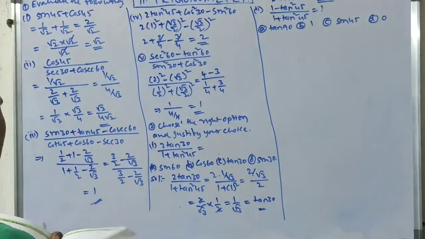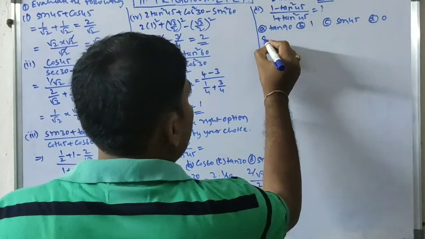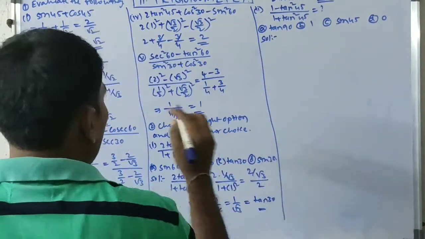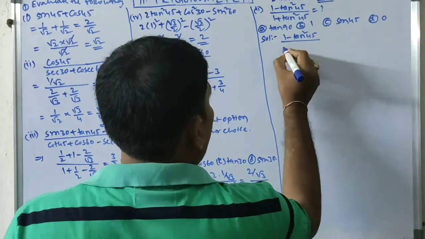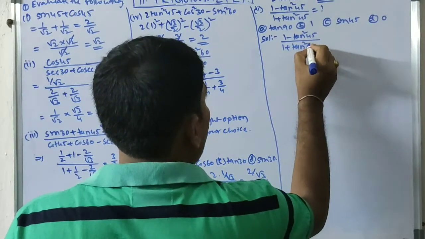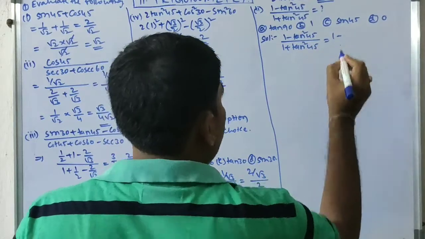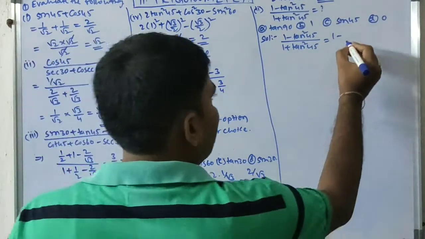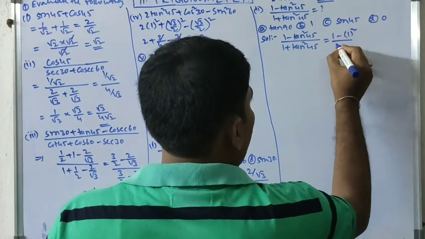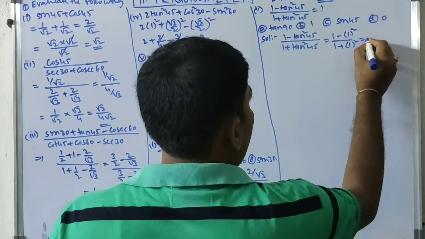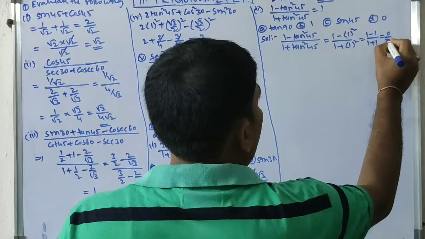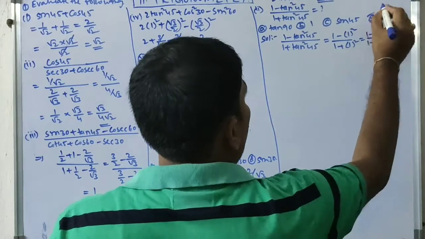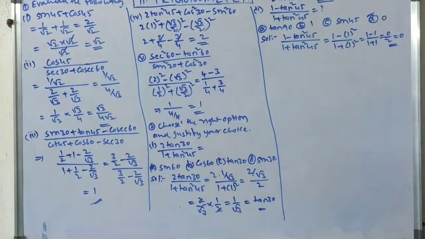Okay, so now coming to the solution. 1 minus tan square 45 by 1 plus tan square 45. 1 minus tan 45 1 square by 1 plus tan 45 1 square. 1 minus 1 by 1 plus 1, 0 by 2 equal to 0. So this is the required answer.